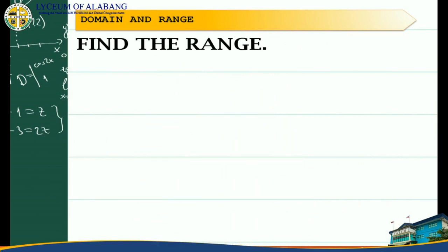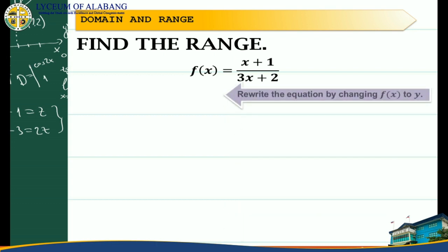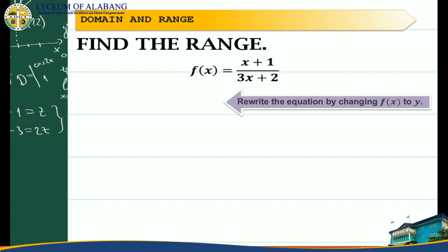Next, find the range. If you have the function f of x is equal to (x plus 1) over (3x plus 2), to get the range, first, rewrite the equation by changing f of x to y. And we get y is equal to (x plus 1) over (3x plus 2).